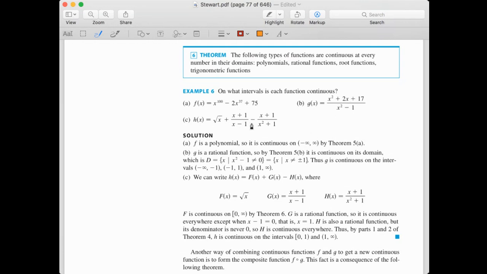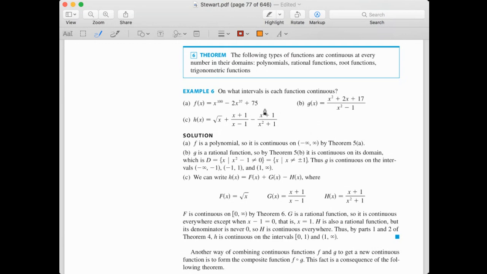And this one, let's see this one. Square root of x means x cannot be negative, right? x is only defined when x is non-negative. And for this part of the function, x cannot be 1, because 1 would cause 0 in the denominator. And this piece says x can be any number.